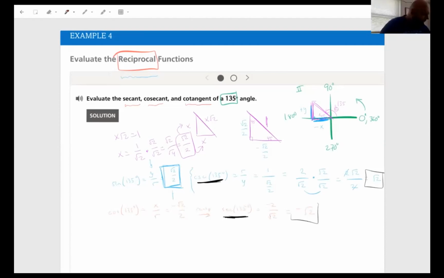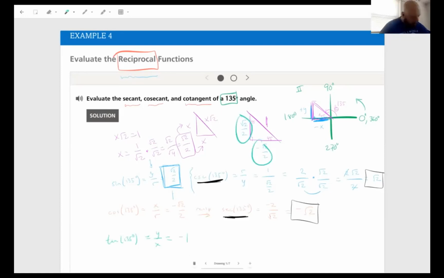Finally, we're going to do the cotangent. So I know the tangent of 135 is y over x. And because our y value and our x value are the same number, with just a different sign, when I divide them, I'm going to end up with just negative 1.